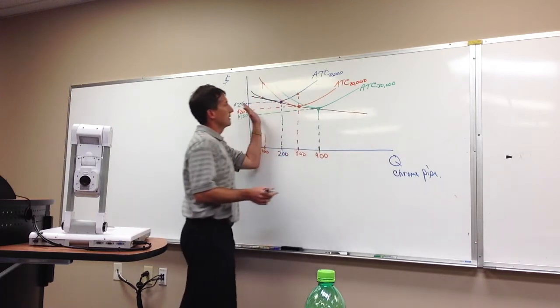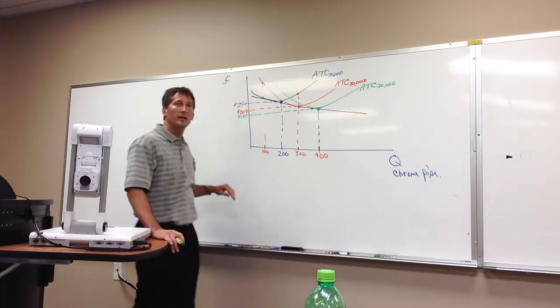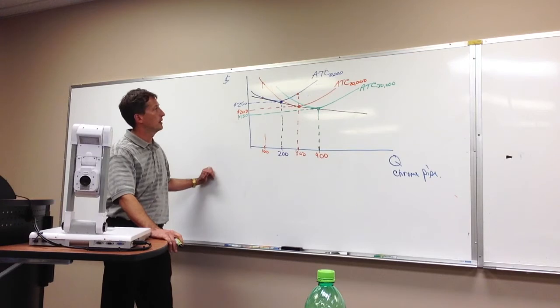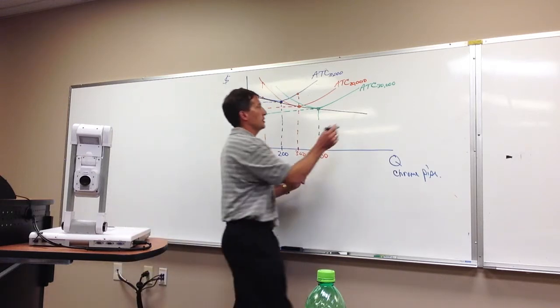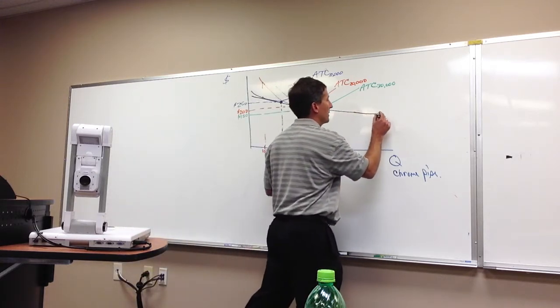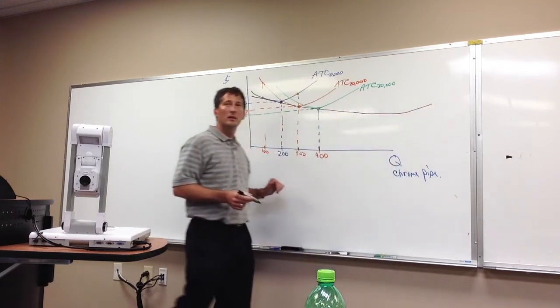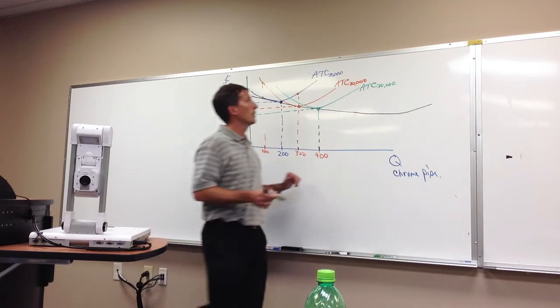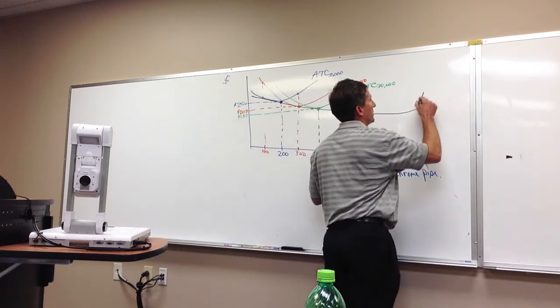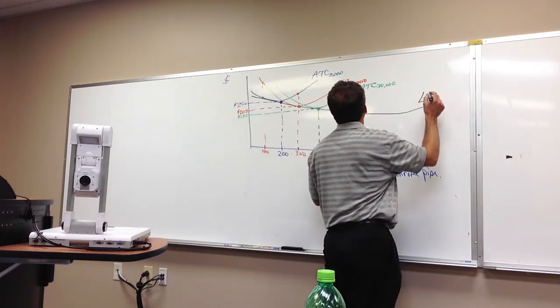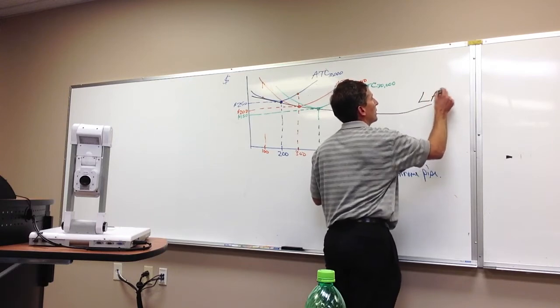This is long-run average costs. When you draw this, I want you to flatten it out, though. Come to kind of a flat spot, and then you can even turn it up a little. And this would be long-run average total cost.